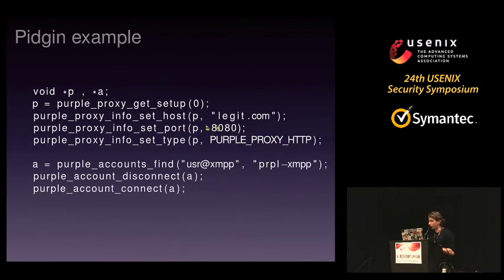We're just setting a host name, we're setting a port, we're setting a proxy type, then we reuse library functions of Pidgin to get the account of a user, and we disconnect it and reconnect it. And from now on, it's going to use our proxy. So you can do this with syscalls, but it's going to be way harder and it's going to be more intrusive.